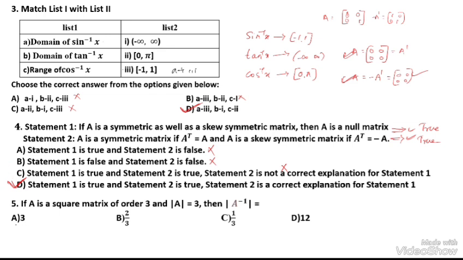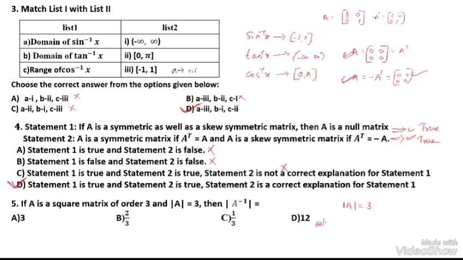Next, question number 5. If A is a square matrix of order 3 and the determinant value is 3, we have to find the determinant of A inverse.